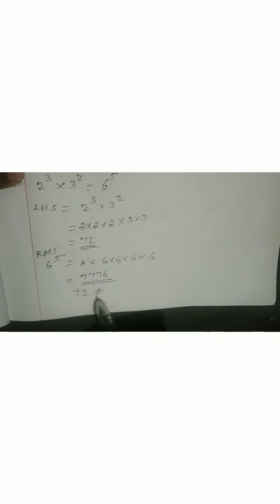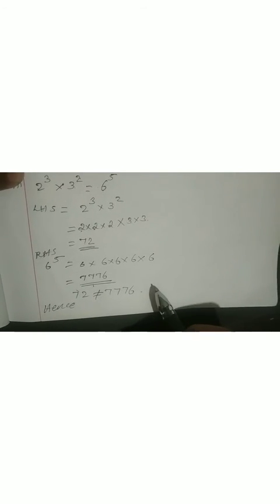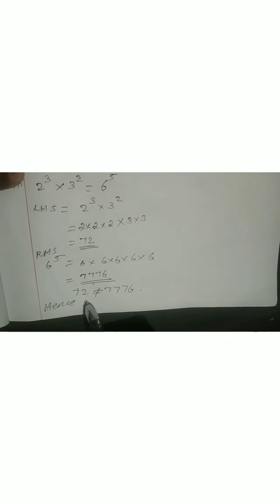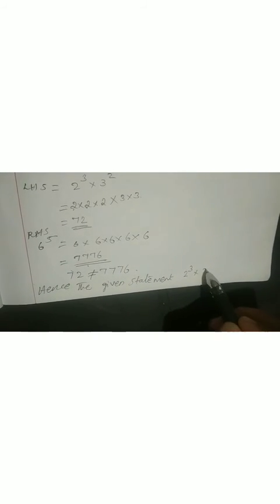We know 72 is not equal to 7776. Hence we can write the given statement 2 raised to 3 multiplied by 3 raised to 2 is equal to 6 raised to 5 is false.